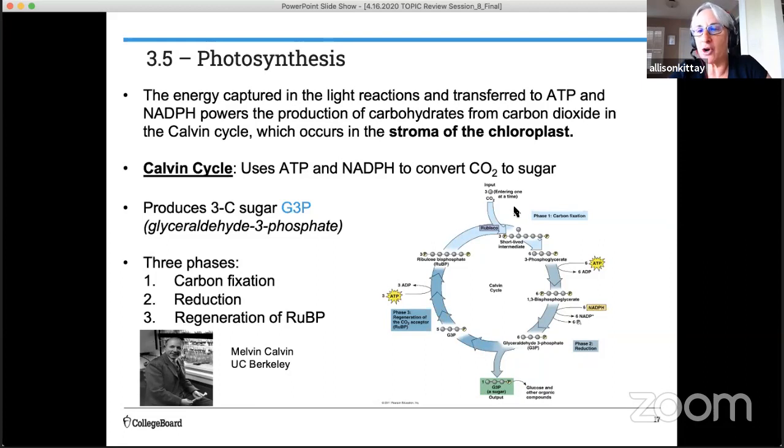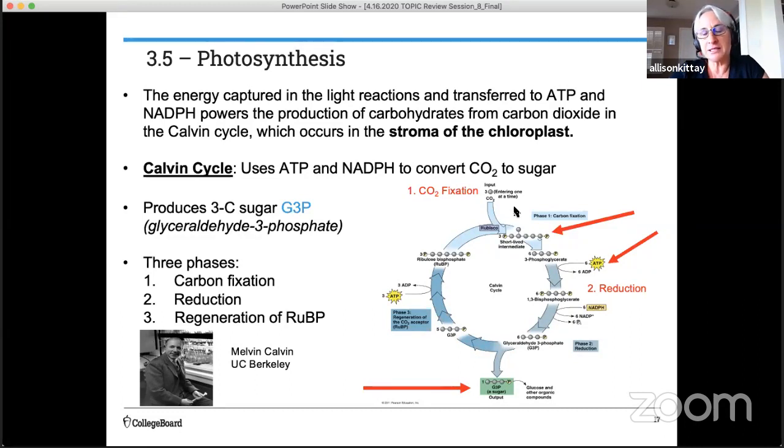So we're going to add carbons to make that molecule larger. And we're going to do that till we create a glyceraldehyde 3-phosphate, G3P, molecule. So carbon fixation is the first step. It uses the enzyme rubisco, and it forms an organic molecule. That organic molecule is reduced using ATP and NADPH to form that 3-carbon G3P.